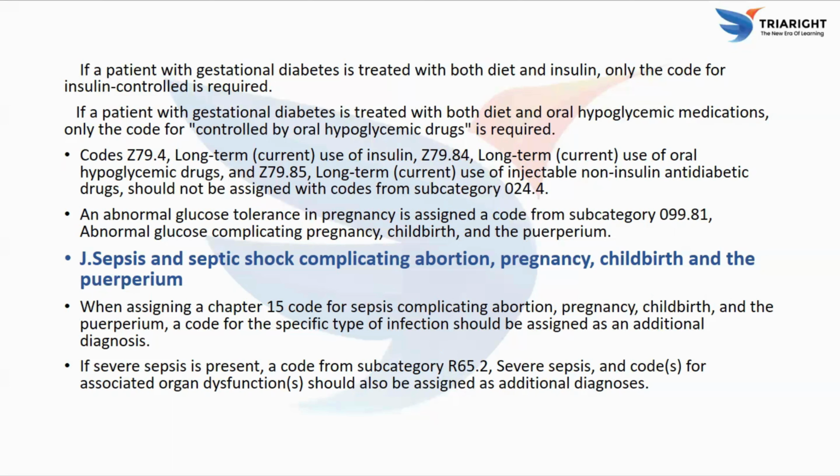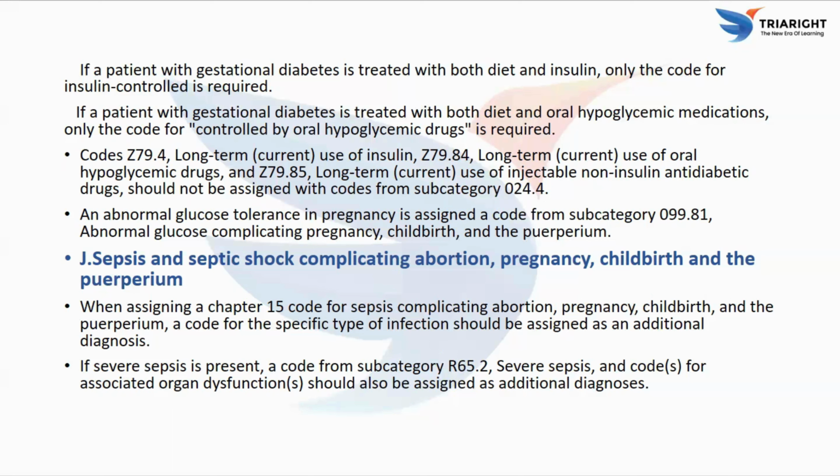So adding Z79 codes would be double coding. The Z79 codes are only used for long-term use of insulin, long-term use of oral hypoglycemic drugs, and long-term use of injectable non-insulin diabetes drugs. These are used only for pre-existing diabetes, but not gestational diabetes.